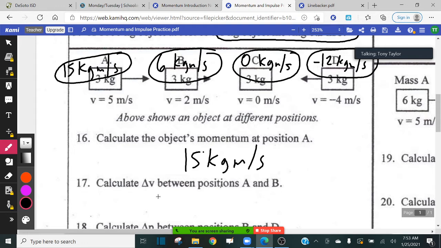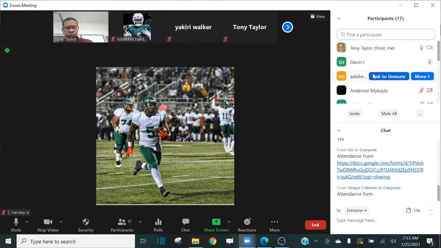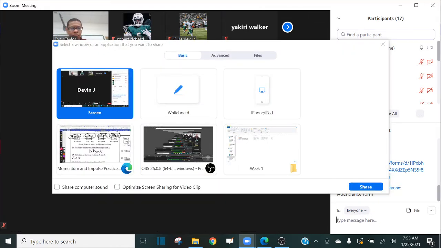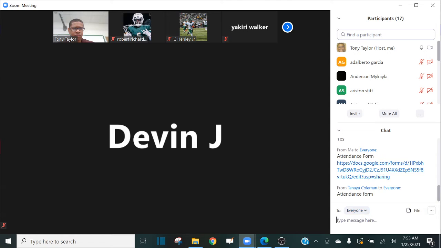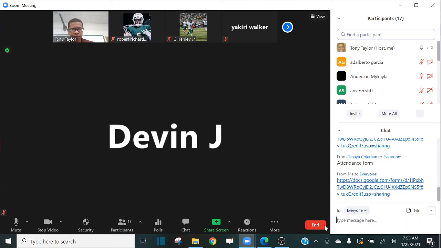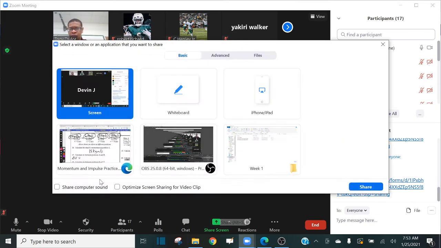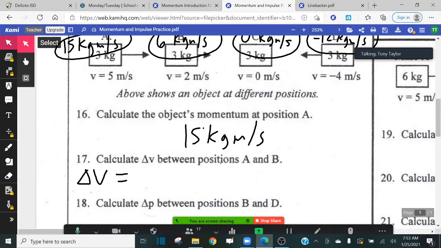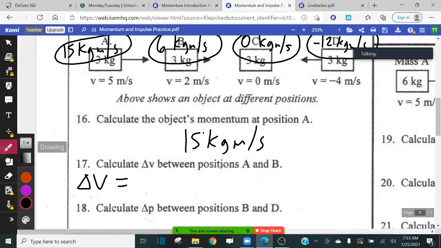We need to do B minus A. So the object at position B has a velocity of 2 meters per second.